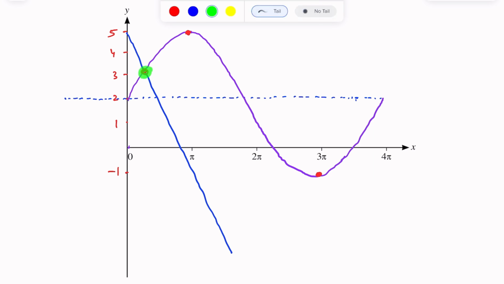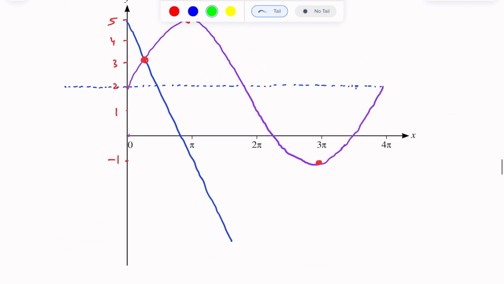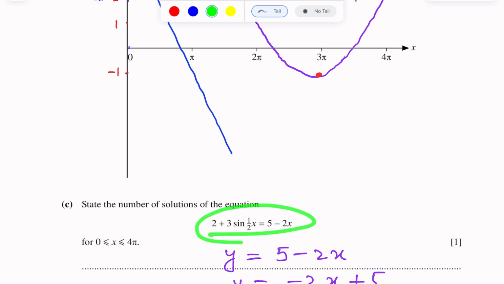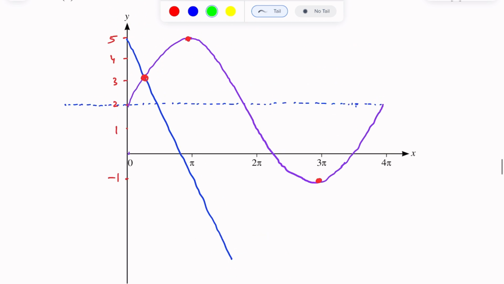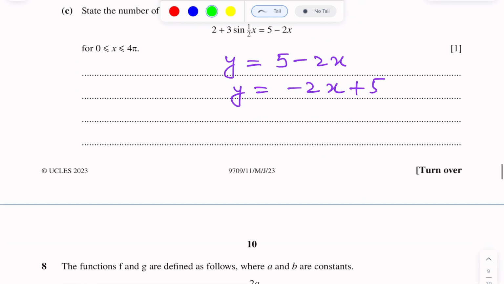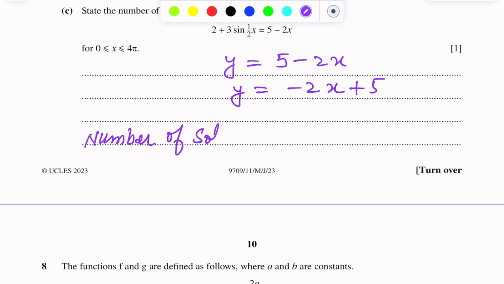This shows that the number of solutions of this equation is 1, because there is only one point of intersection of the line and the curve. This is the answer.